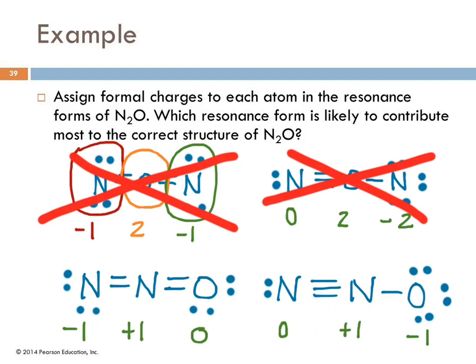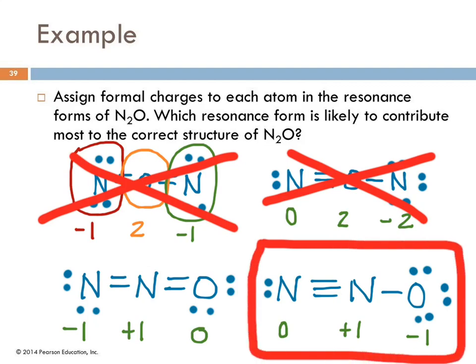And so this is going to be the preferred structure. This is a resonance form of this. Can you see that? It's not real obvious. Those are resonance structures.